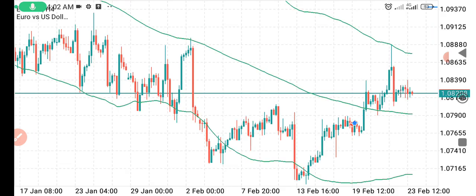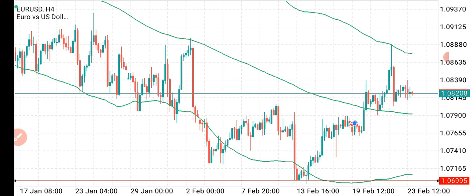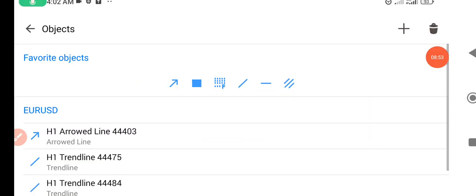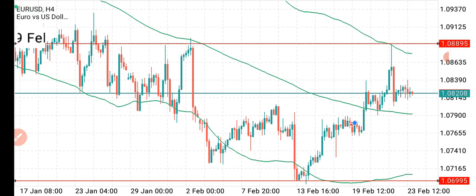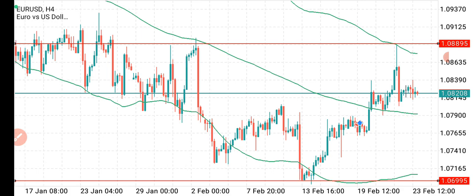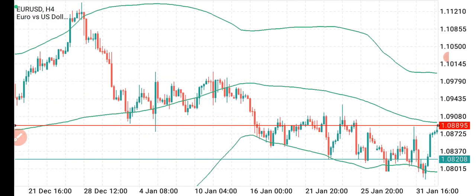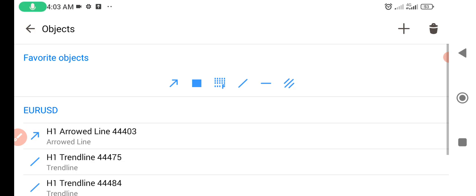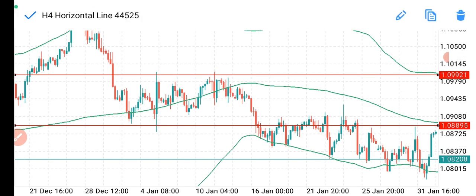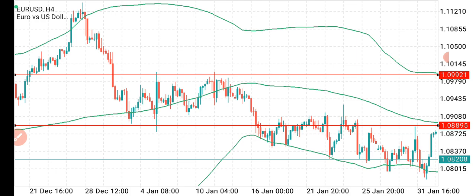Mark out your support and resistance level on the 4 hours and daily time frame. Point of failure and point of reaction, you will mark it out.